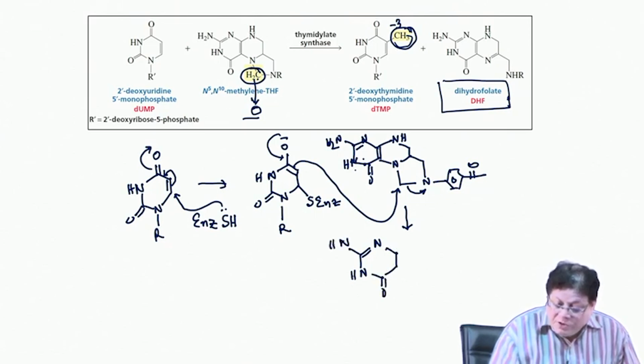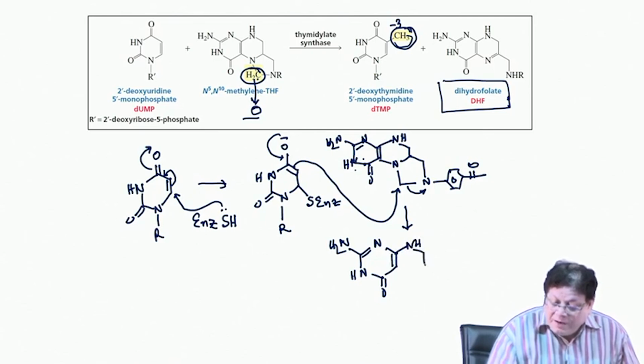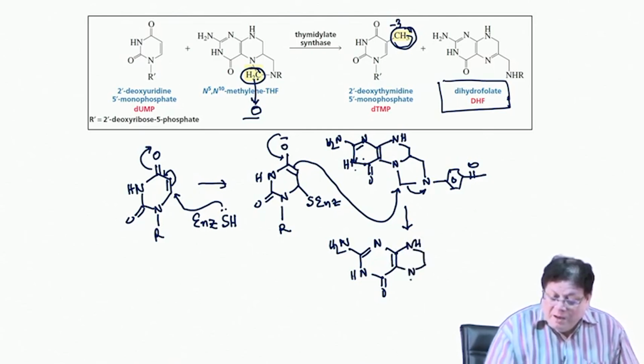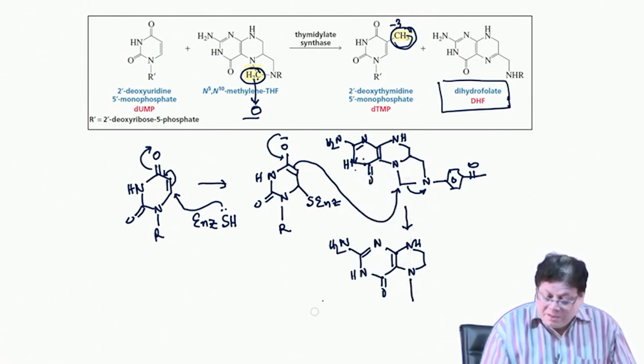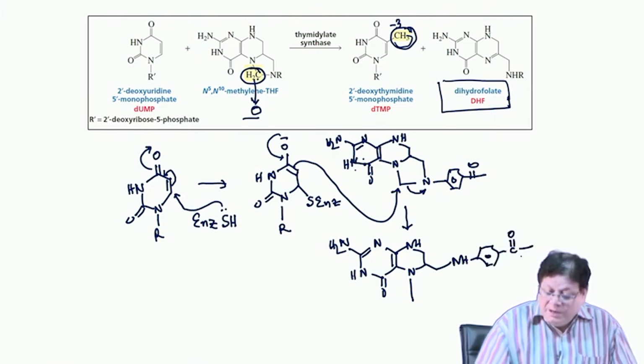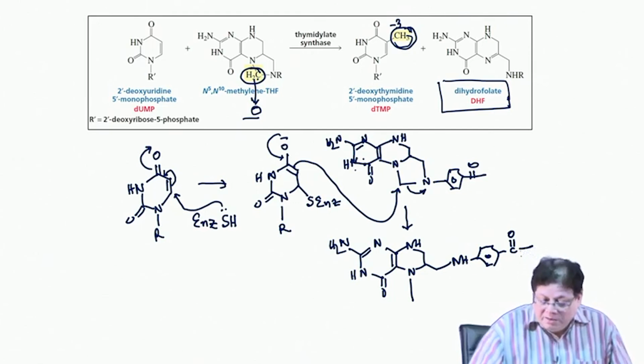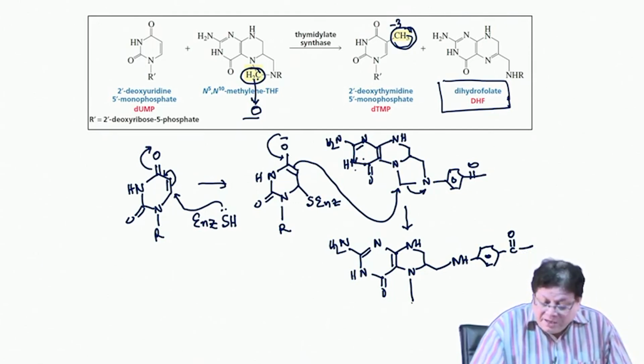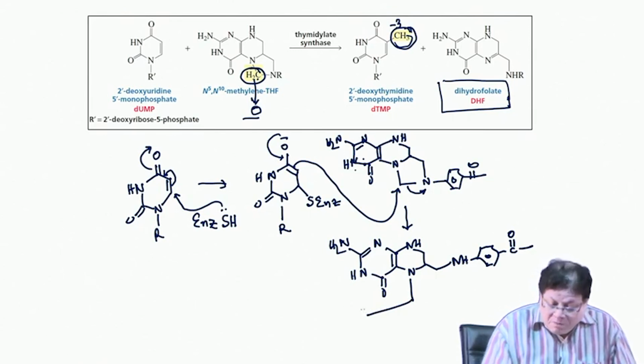This is your NH2, this is your carbonyl, and that is NH, then N, and this is now released as the para-aminobenzoyl. Okay. Then this is glutamic acid. So, you have this attached to that uracil moiety now.